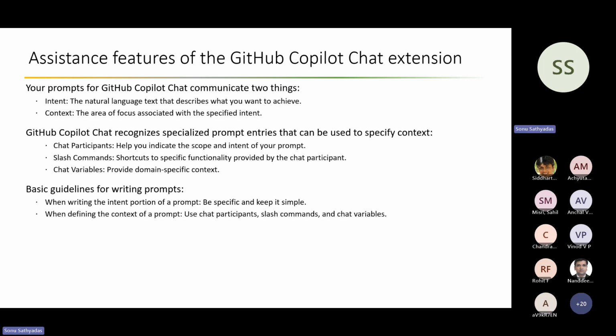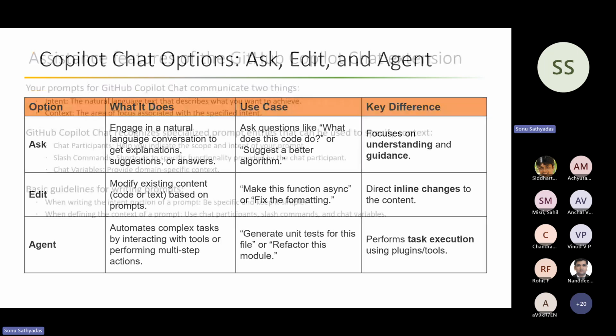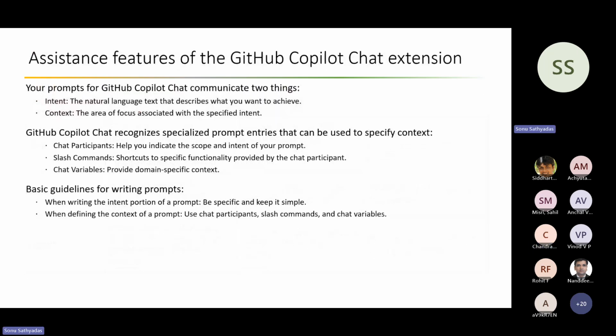And inside this Copilot chat, you will also be able to use chat participants, slash commands, and chat variables. Inside the chat window, you can use the @ symbol to use chat participants and chat variables. You will also be able to use slash commands, meaning you can just put a slash, which will suggest some commands like new or test or fix.